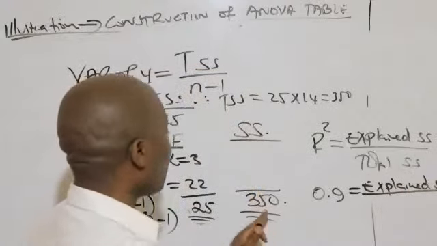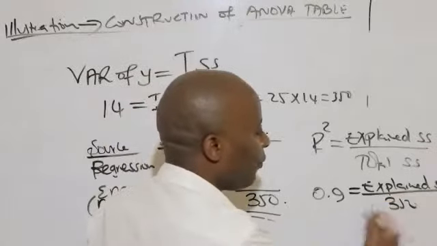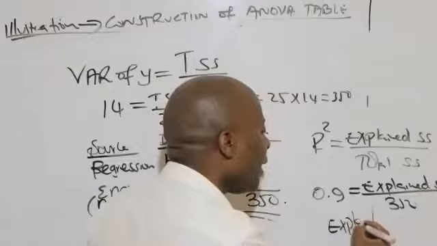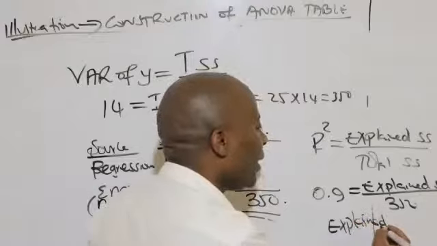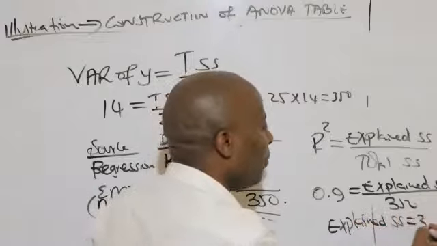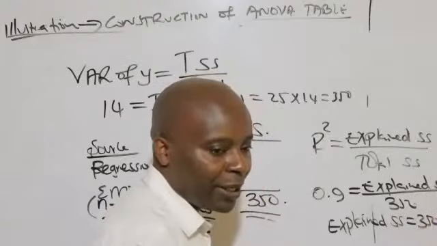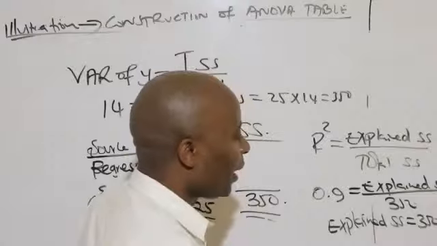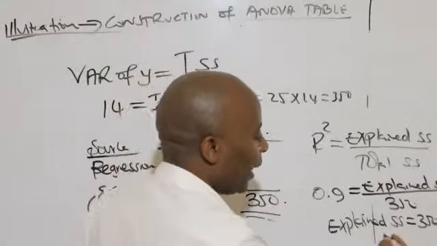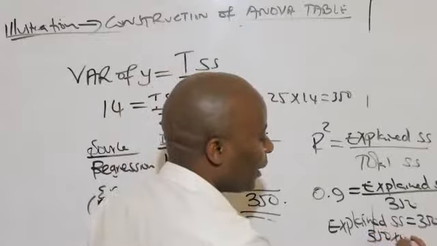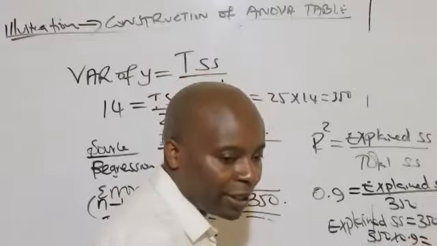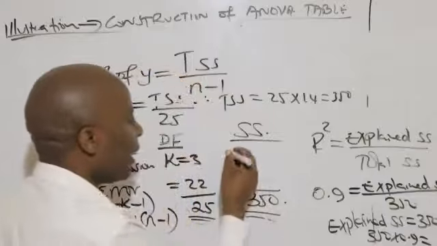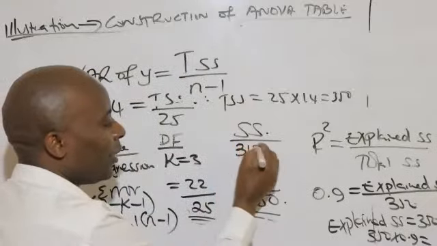The total sum of squares is 350, implying that at the end of the day my explained SS will be 350 times 0.9, which will give us exactly what figure? 315.